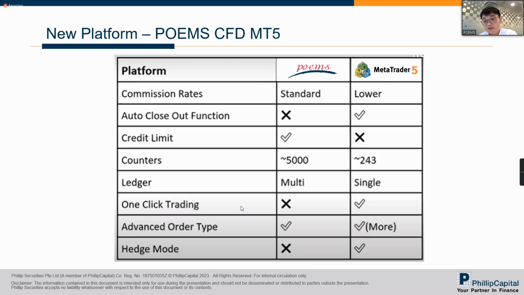By using MT5, you can open both positions, buy and sell SIA. Let's say you buy one SIA, you can short sell one SIA unit as well in the MT5 platform, which is a hedging mode. You can lock both positions. You don't have to close either one. You can open both at the same time.